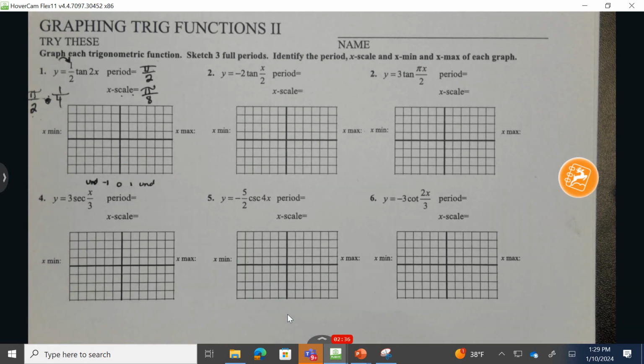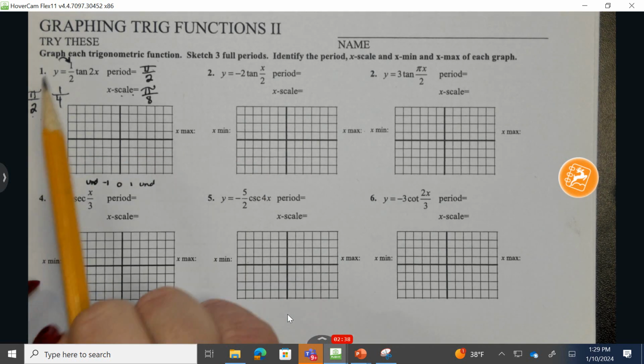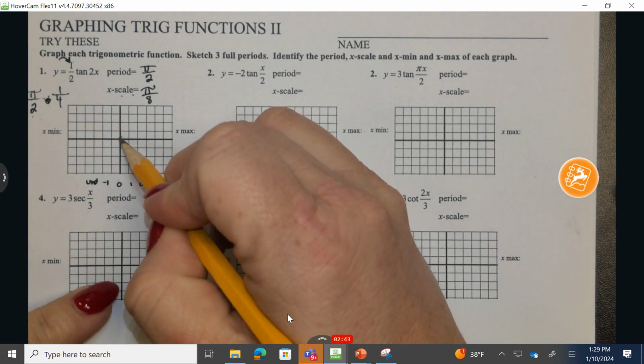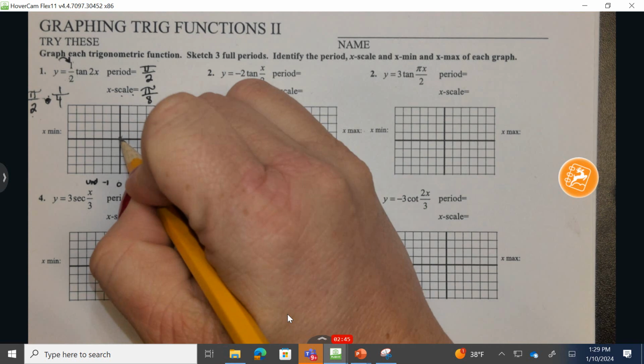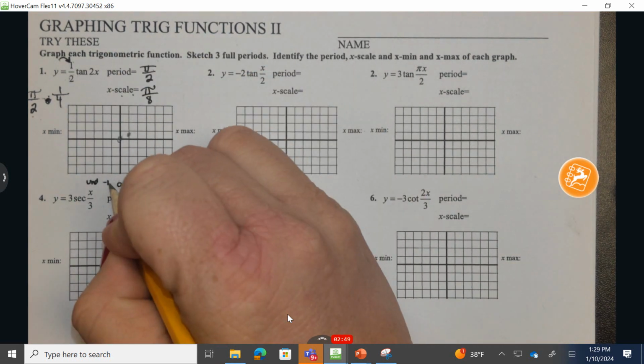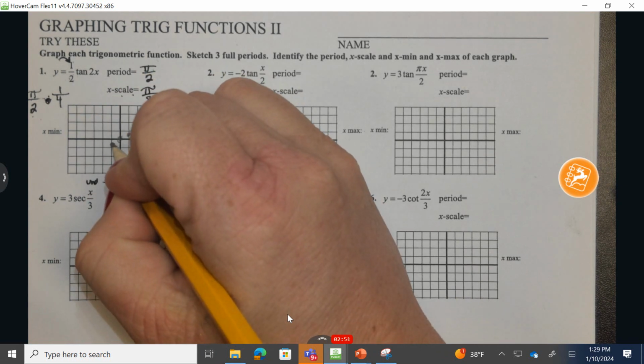So I need to take those tangent output values and multiply them times 1/2. So 0 times 1/2 is still 0. 1 times 1/2 is 1/2. -1 times 1/2 is -1/2.